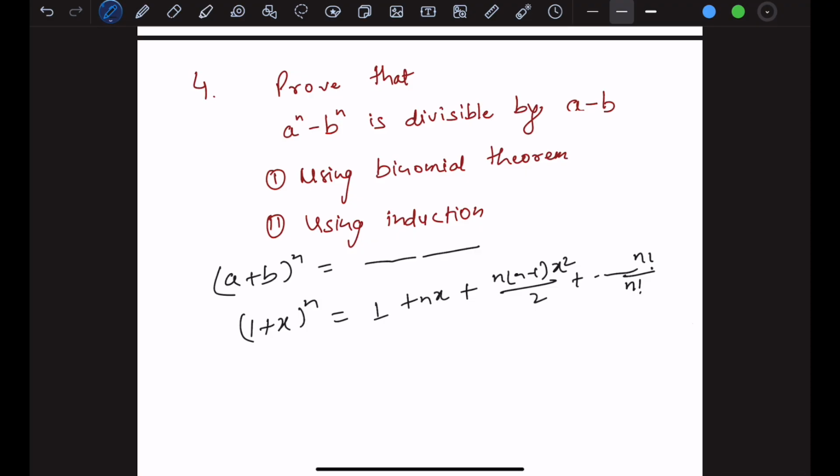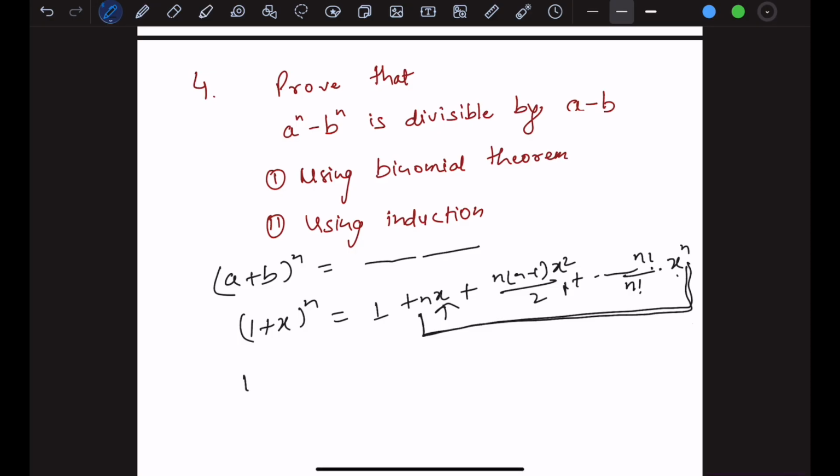So n factorial by n factorial into 0 factorial, x to the power of n, basically 1 into x to the power of n. So here what we see is, what do you see? All have x in them.